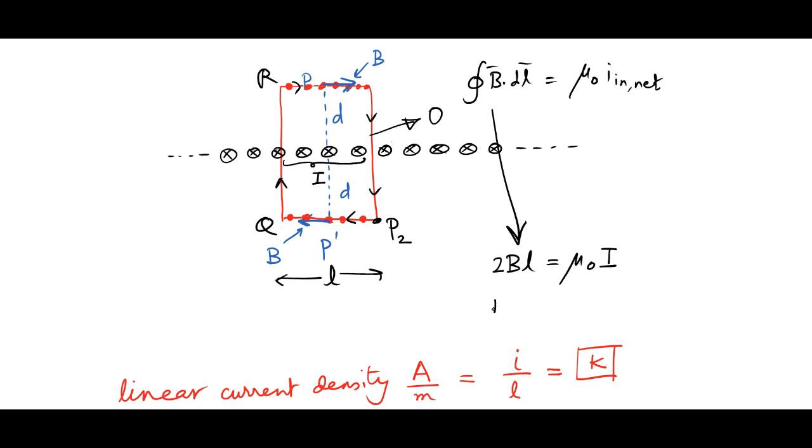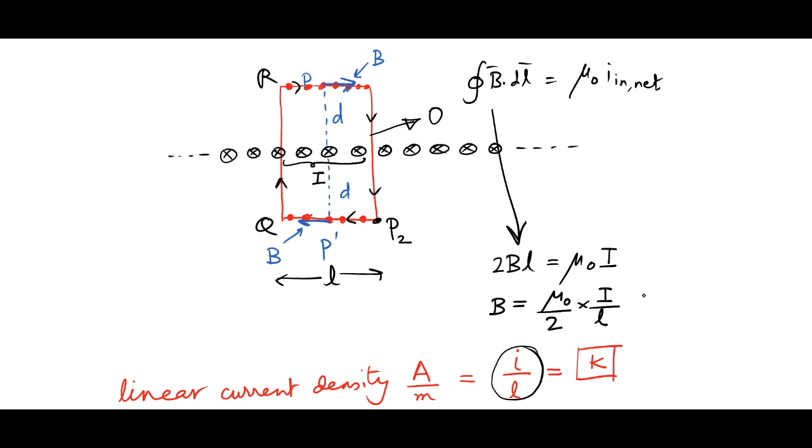And then the value of B, which I want to find, at point P as well as at point P dash, is going to be mu naught divided by 2 multiplied by I divided by L, and I divided by L we have defined to be the linear current density.